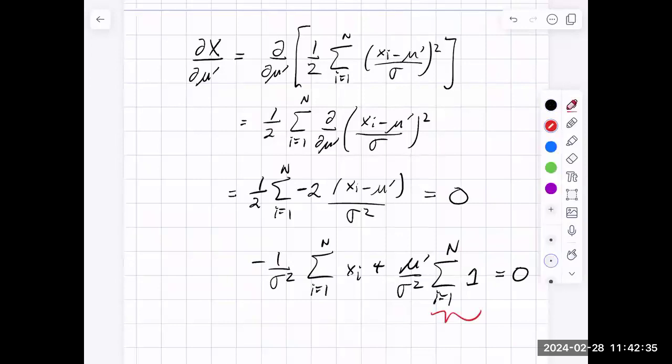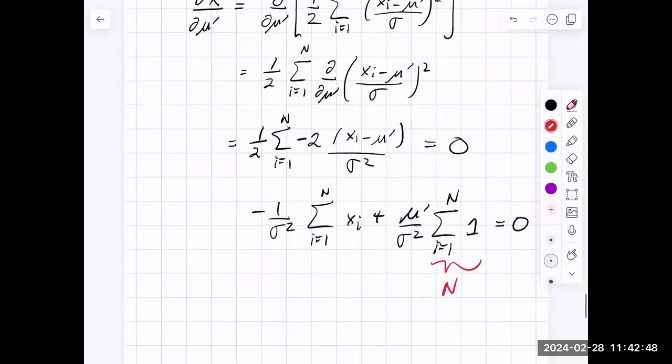Okay. What does this sum evaluate to? It's just 1 plus 1 plus 1 plus 1 plus 1. Yeah, we're going to add 1 to itself n times, so that's just going to be an n. And the other thing we can do is we can say, look, both terms have a 1 over sigma squared. We can just multiply by sigma squared, 0 times sigma squared is still 0. And so we can cancel the sigma squareds.